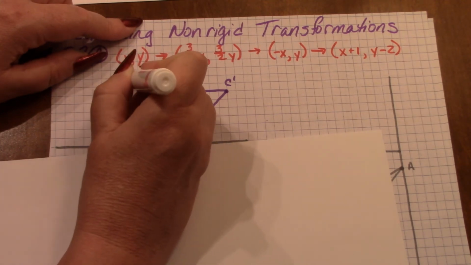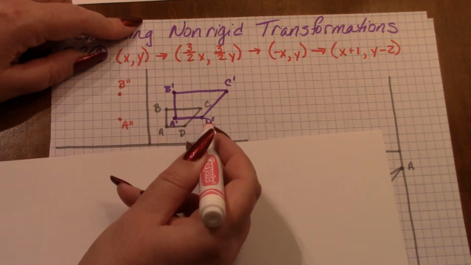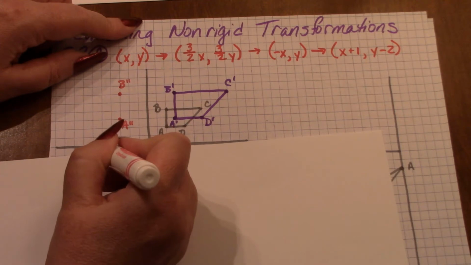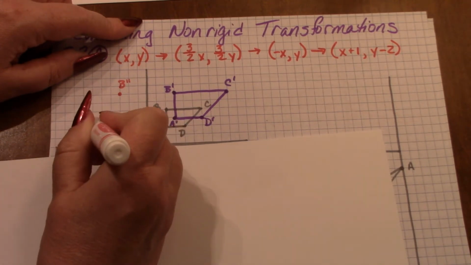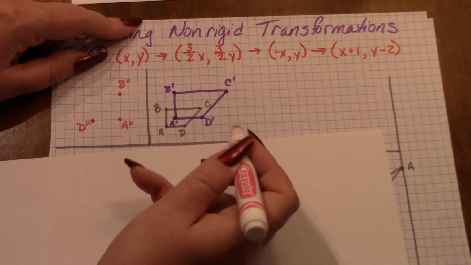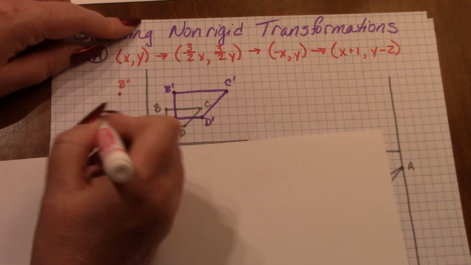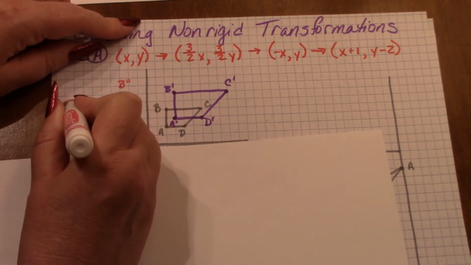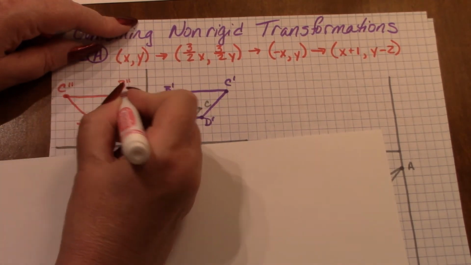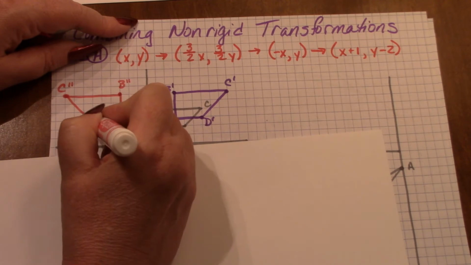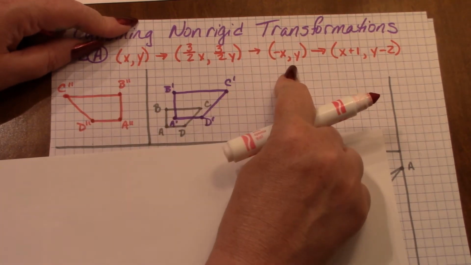And there's B2. And 6, 3 is really negative 6, 3. D2. And C is 9, 6, so negative 9, 6. There's C2. So now we've reflected.